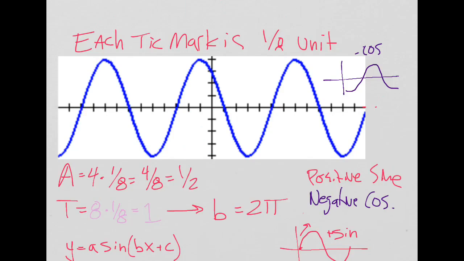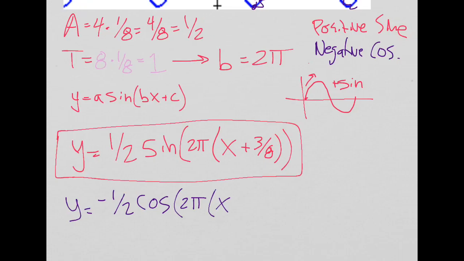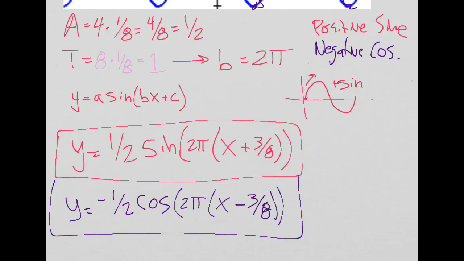Let's choose this right there. That starts negative and then goes up and runs through a normal negative cosine graph. What is that value? Well, 1, 2, 3/8, this time to the right. And so we can write this equation as x minus 3/8. And we are done.